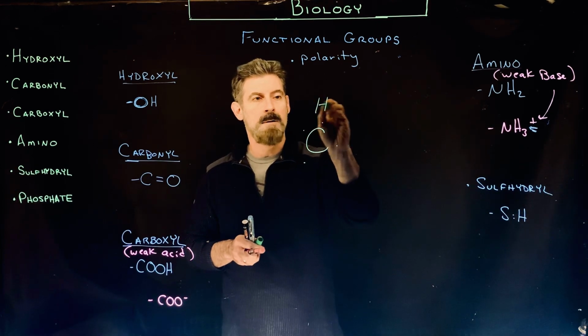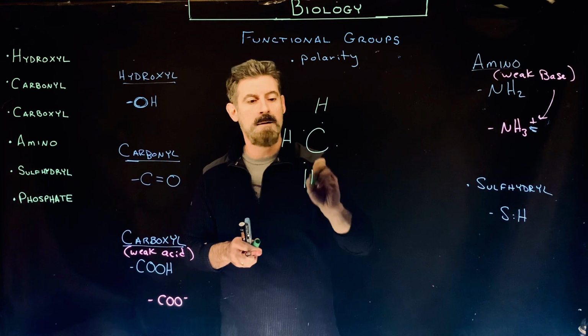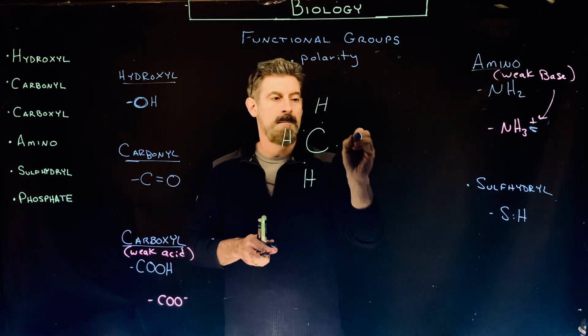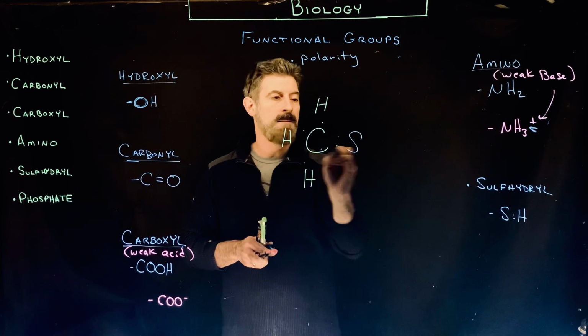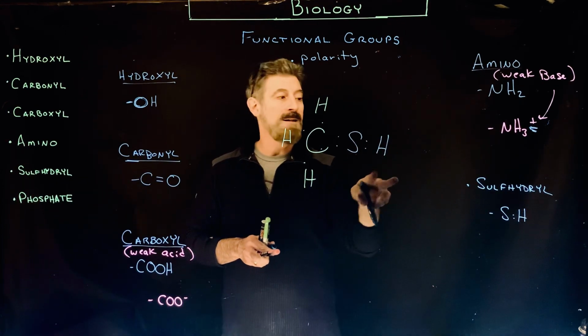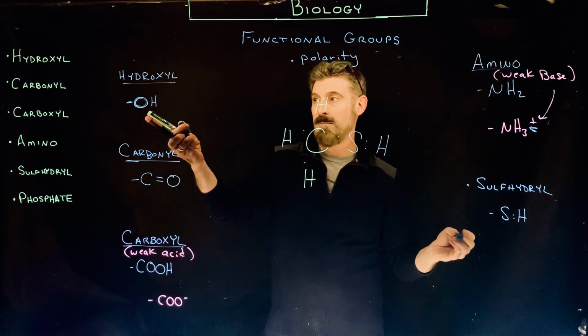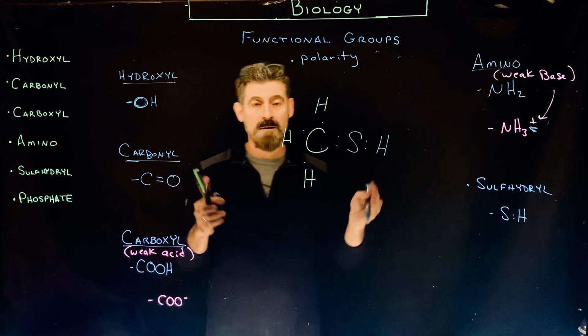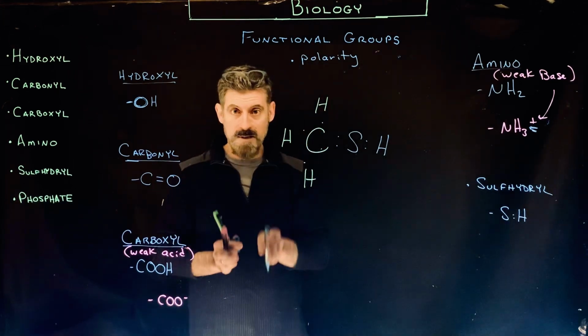Hydrogens attached to a carbon here like this. And then you get a sulfur attached to the carbon. That sulfur then also bonds to a hydrogen. And that's it. It's polar, just like the hydroxyl group. The electronegativities of the sulfur and the oxygen are similar. If you look in the periodic table, they're stacked there in the same column.